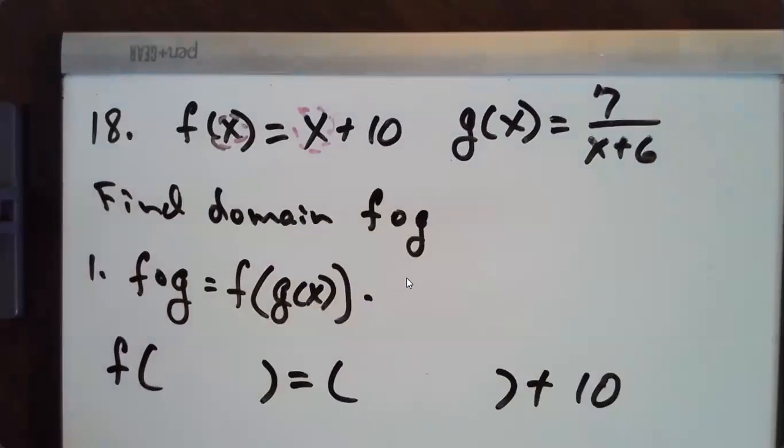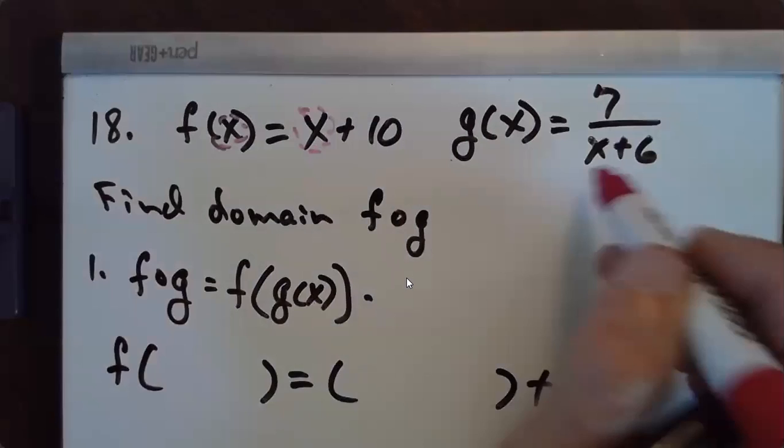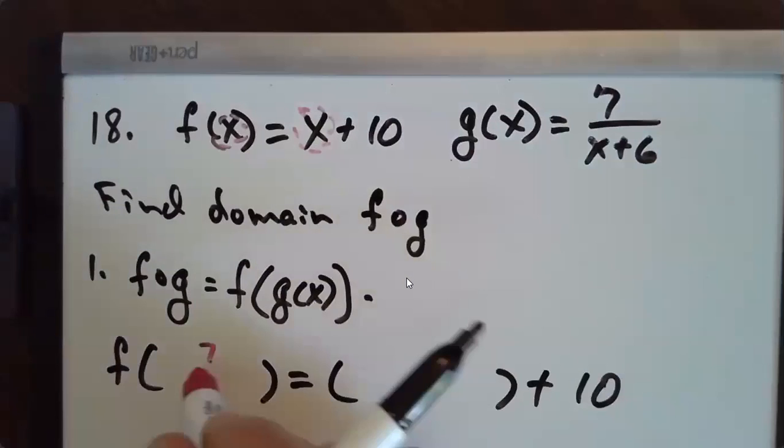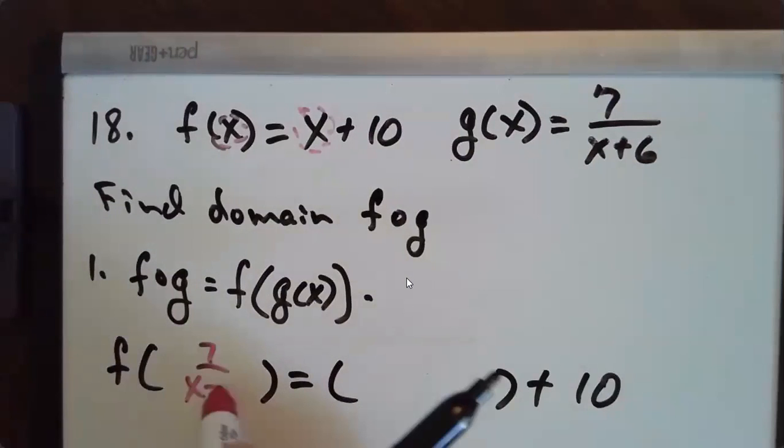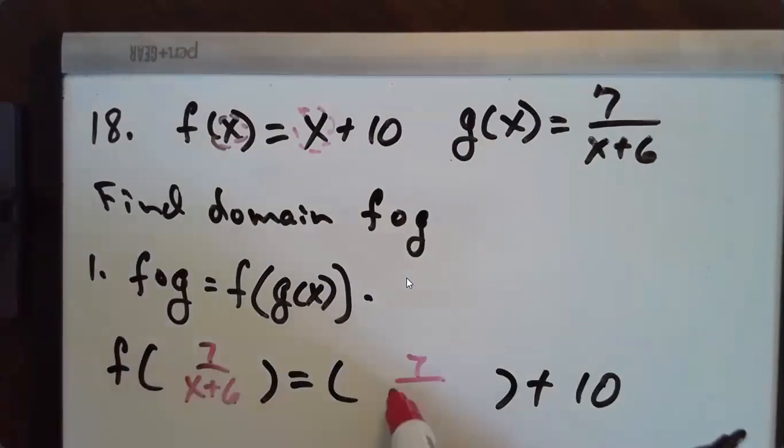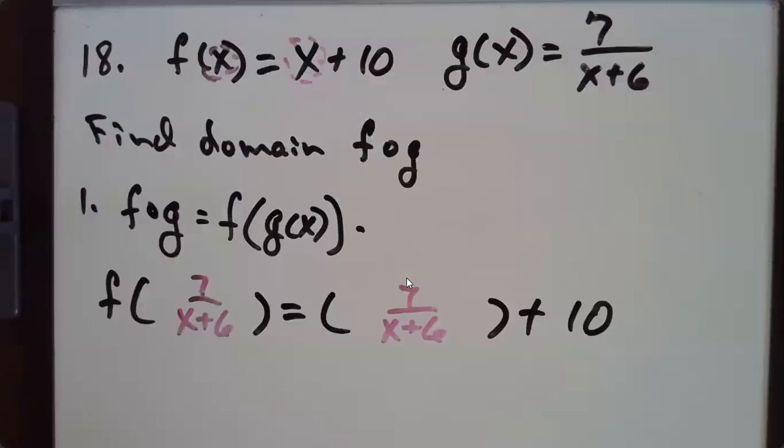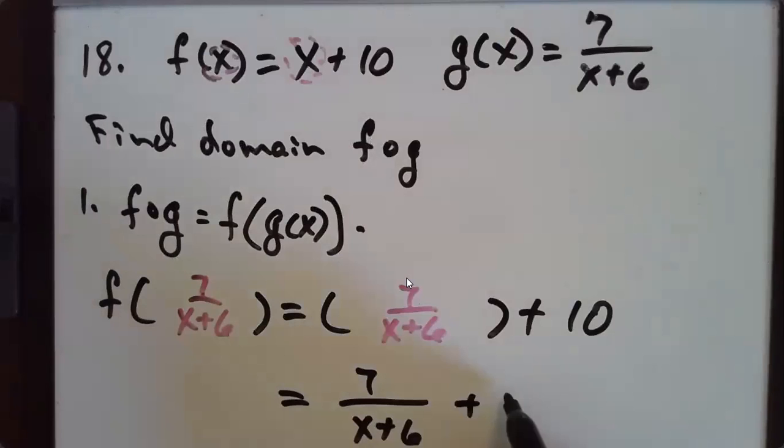Okay, now we're going to substitute in the g of x, 7 over x plus 6. Okay, so there's nothing to simplify here. So our composite function is going to be 7 over x plus 6, plus 10.